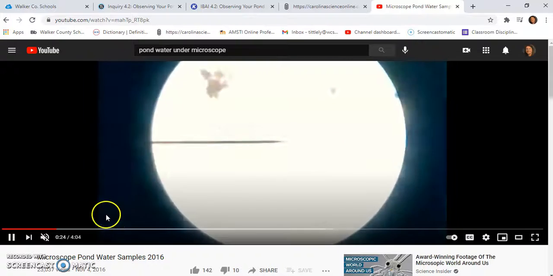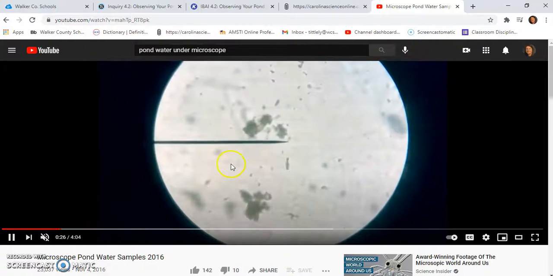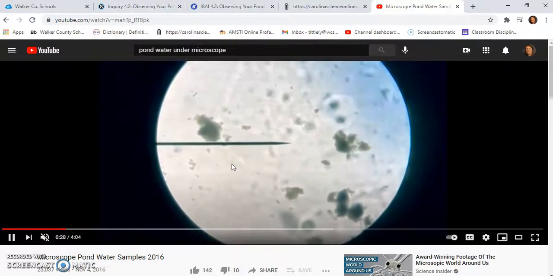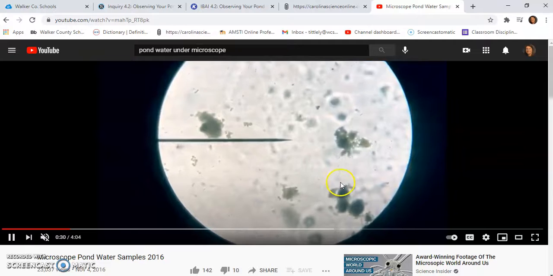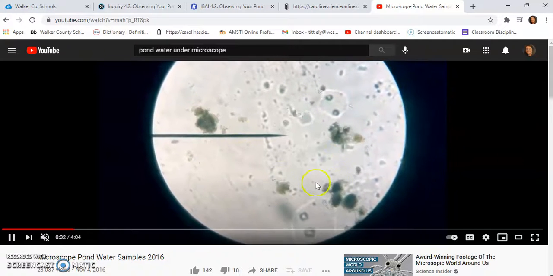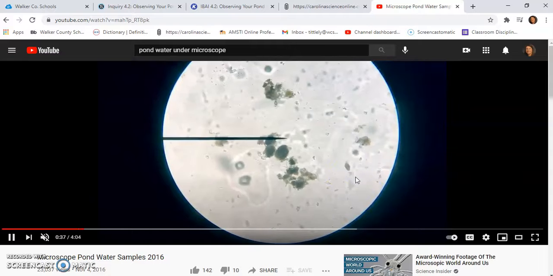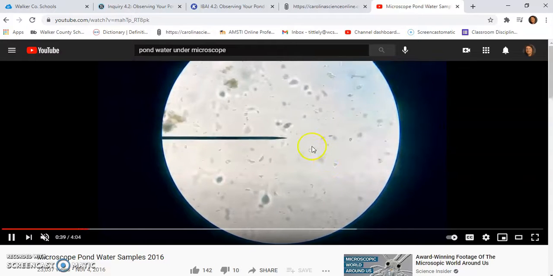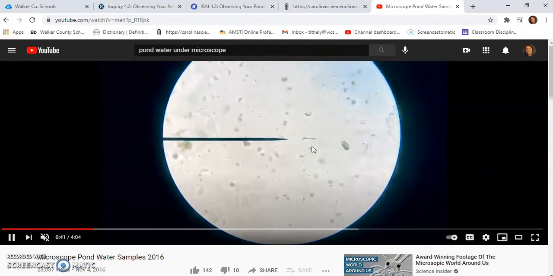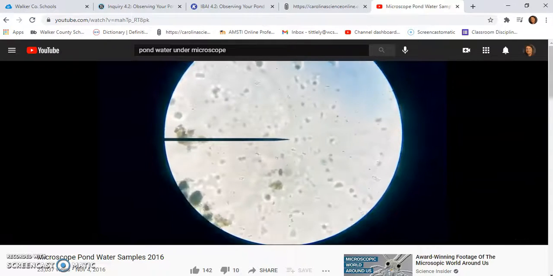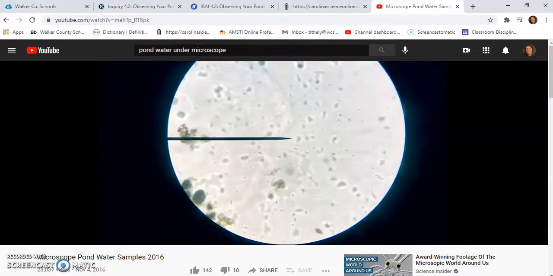Okay, as you can see, this is a microscope view, and you can see there's some little debris and stuff in there, but also you can see some little things moving around. So that could be one of your organisms right there. Now this is on 100x, so this is on medium power.